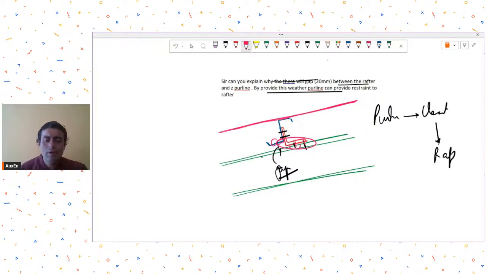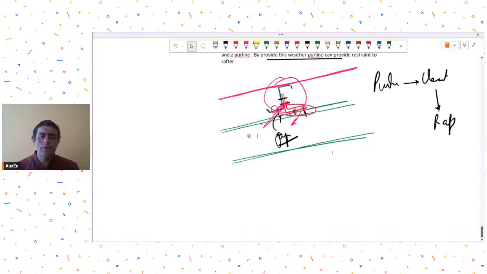And anyway, when there is lateral torsional buckling or flexural buckling, you will still get the restraint from the overall purlin system. Horizontal restraint is still being offered. So yes, you can still consider the purlin to be providing effective restraint to the rafter.